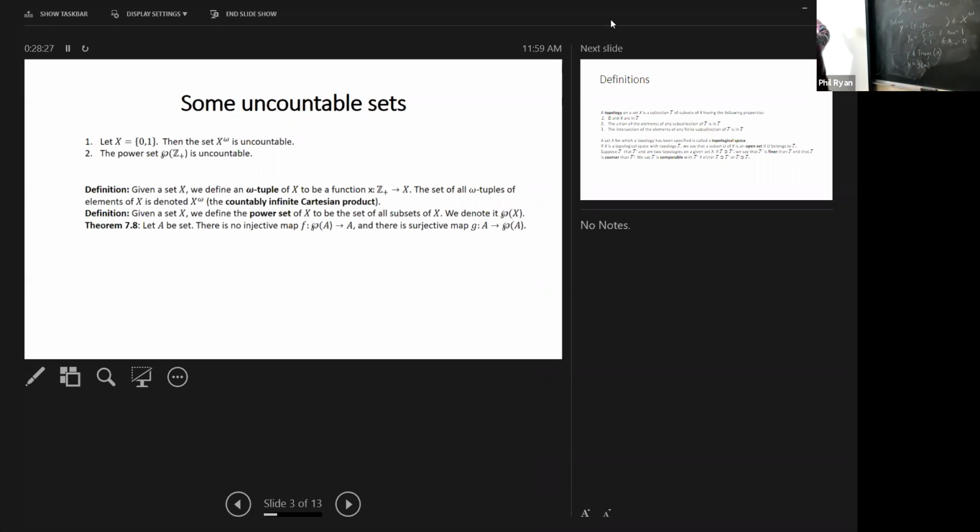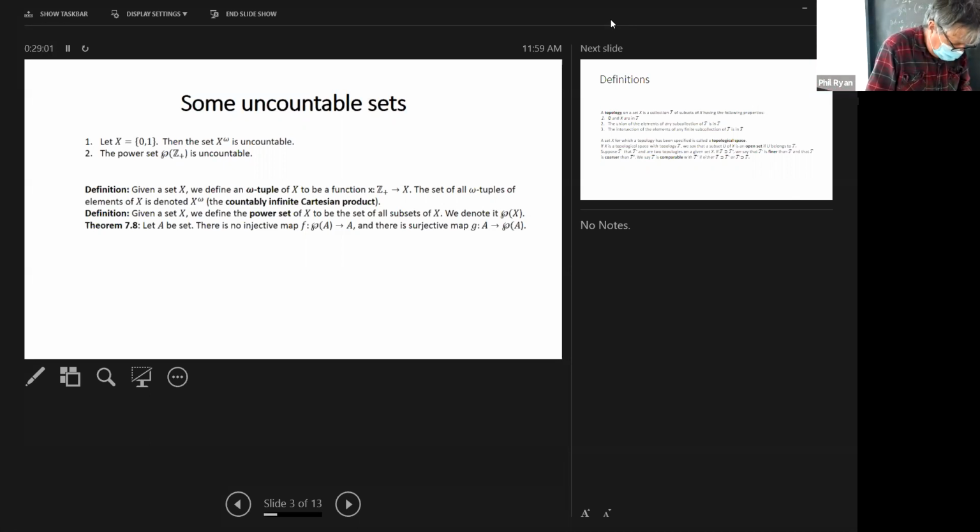Again, if we think about injective maps, if you have an injective map, then you think of this thing as being able to fit inside that thing. And if there's a surjective map, then you think of this thing covering that thing. So this follows directly as a corollary of this theorem.